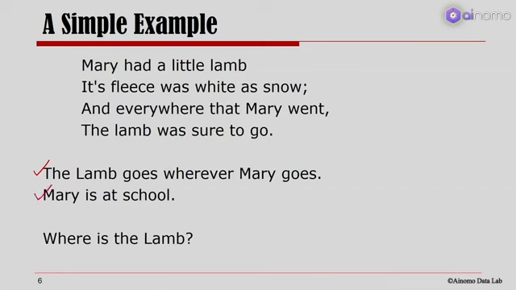So if I ask you where is the lamb, one can very well answer that the lamb is at the school. How do you find such an answer within a first order logic resolution system?